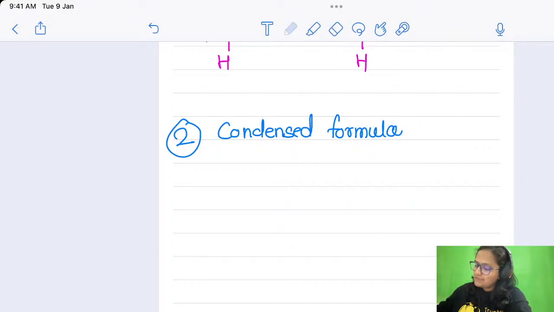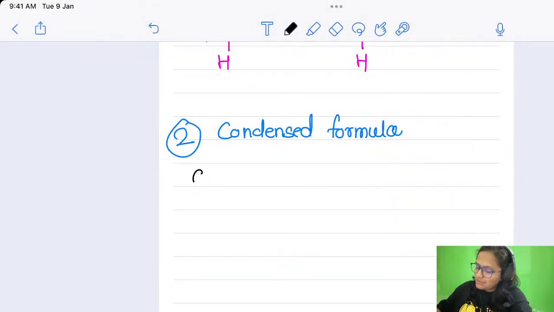Okay, so let us see the first example. The complete structural formula is given, and you have to convert it to the condensed formula. I'll write down that part here so that you will understand it.